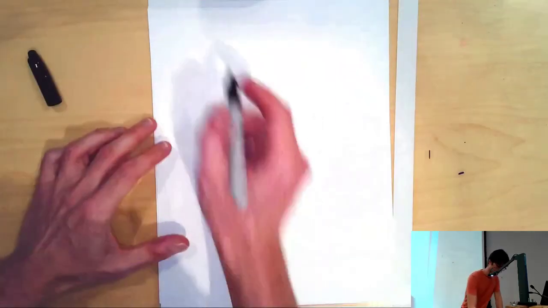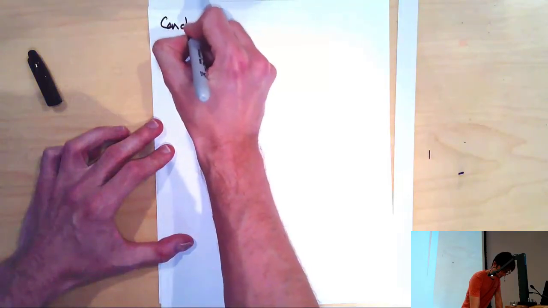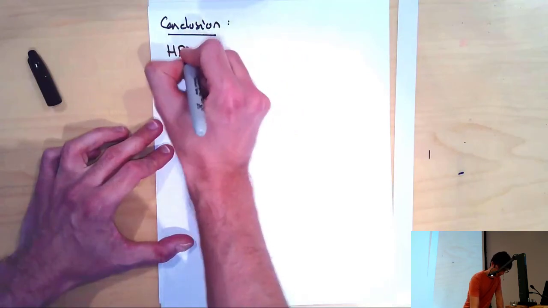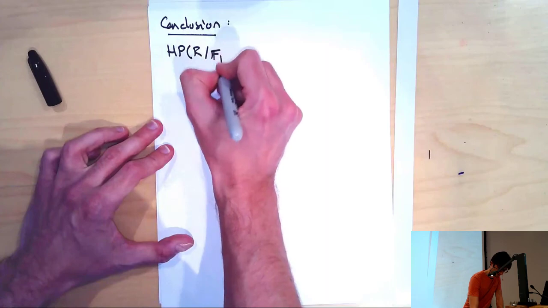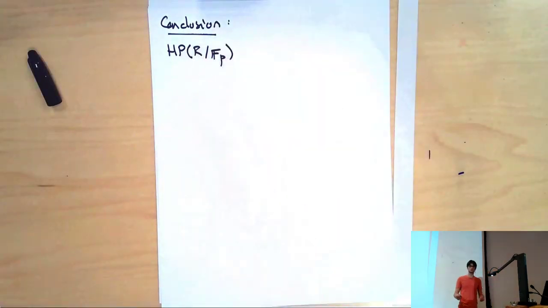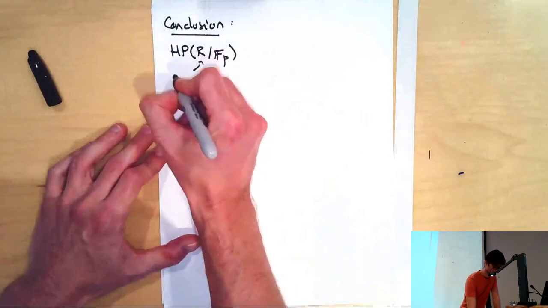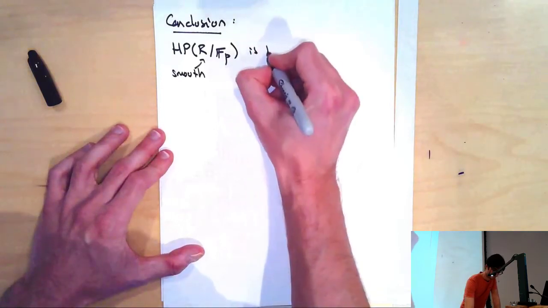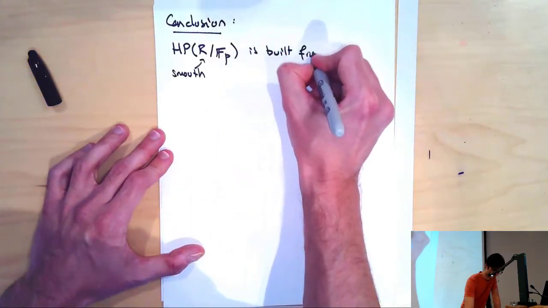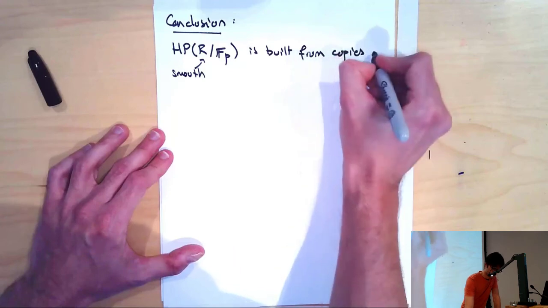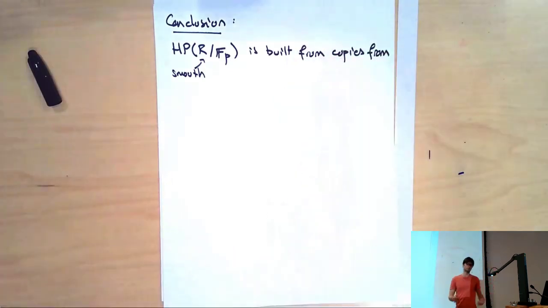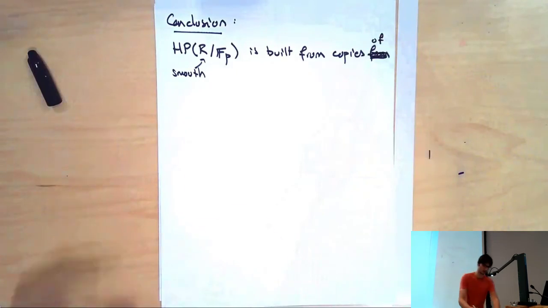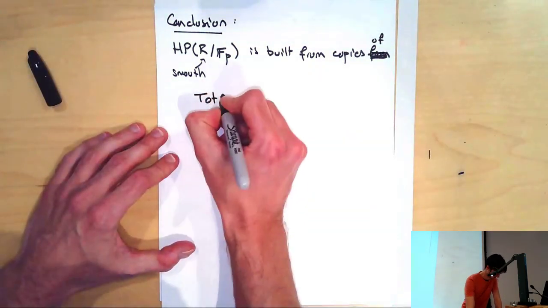And so the conclusion then, so our goal was to say something about the periodic cyclic homology of a smooth algebra over Fp, and the conclusion is that this is built from copies, that's not good English, it's filtered by various totalizations of the following.